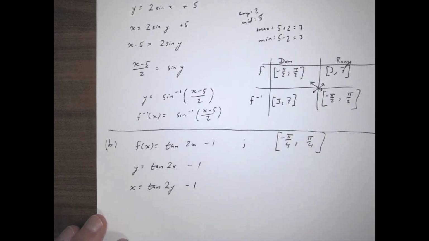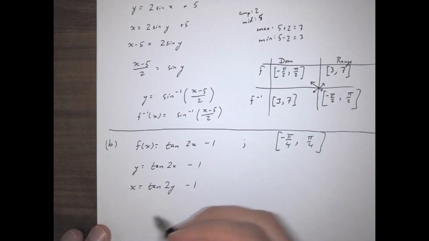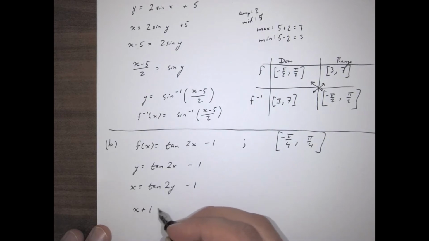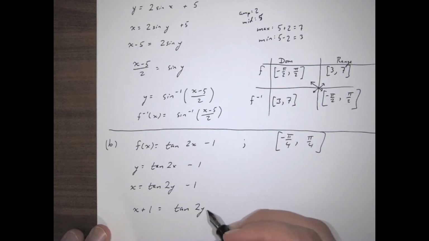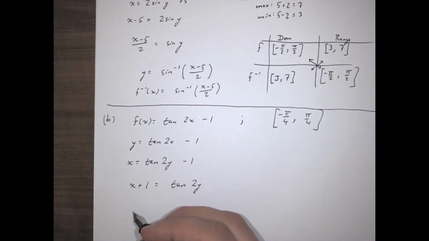Now we solve for the y, and we just work our way from the outside in. So outside, we add 1 to both sides. Now we apply the inverse tangent to both sides to get rid of the next layer in.